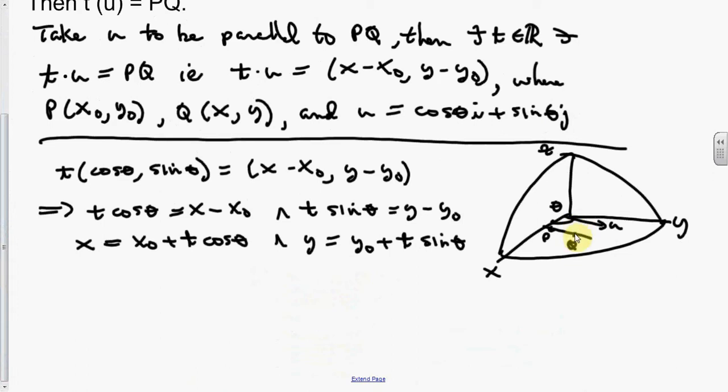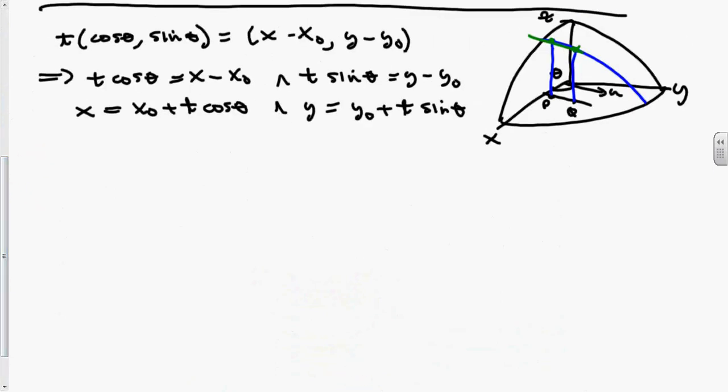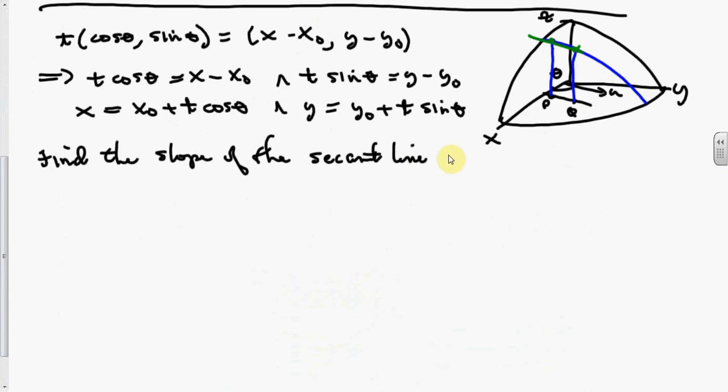Now up in space, I want to be able to calculate the slope from P to Q. Find the slope of the secant line of the line segment PQ.